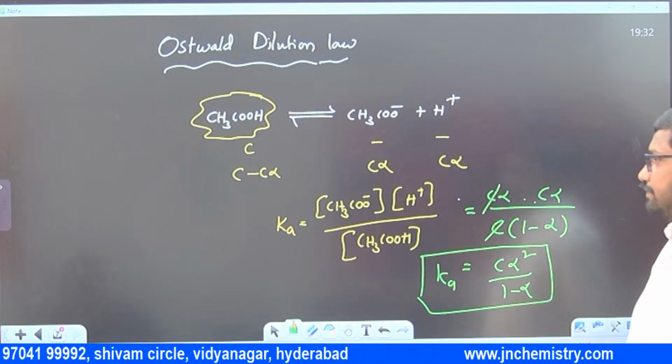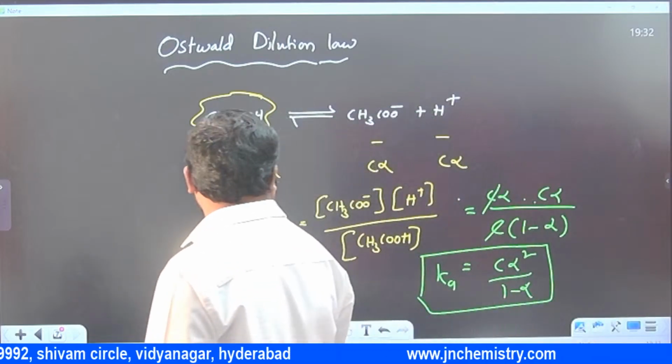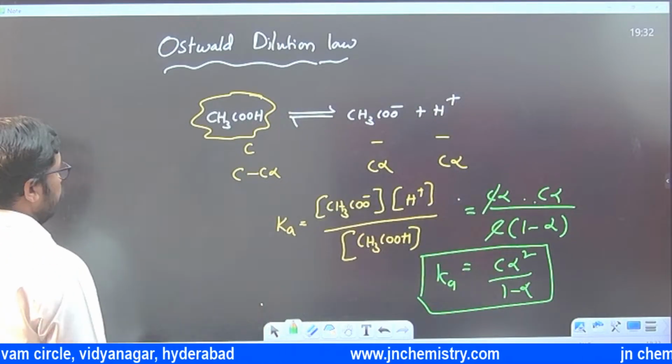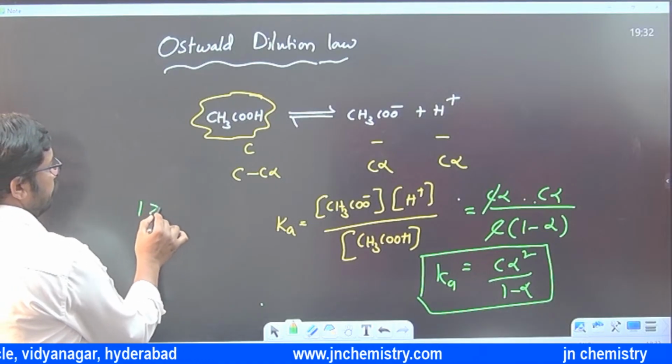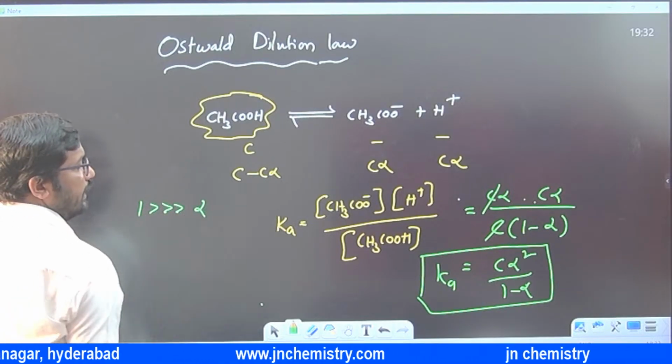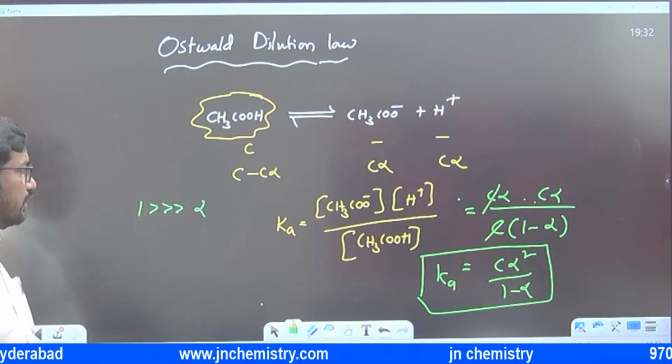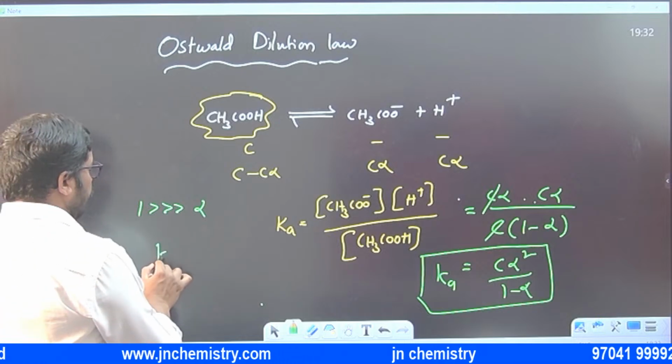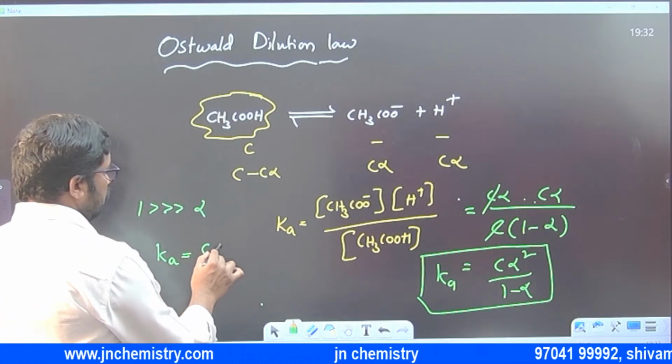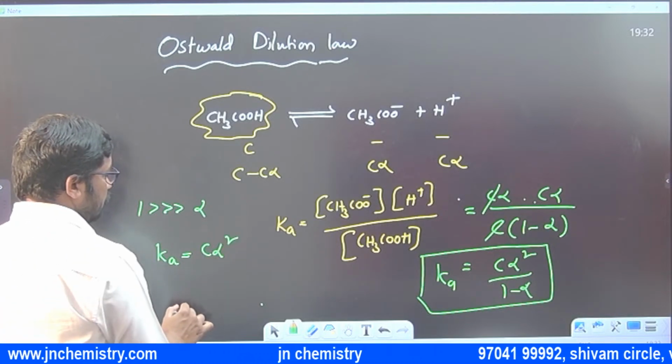Then in the denominator, 1 is far greater than alpha, so we can neglect alpha. Ka is equal to C alpha square.